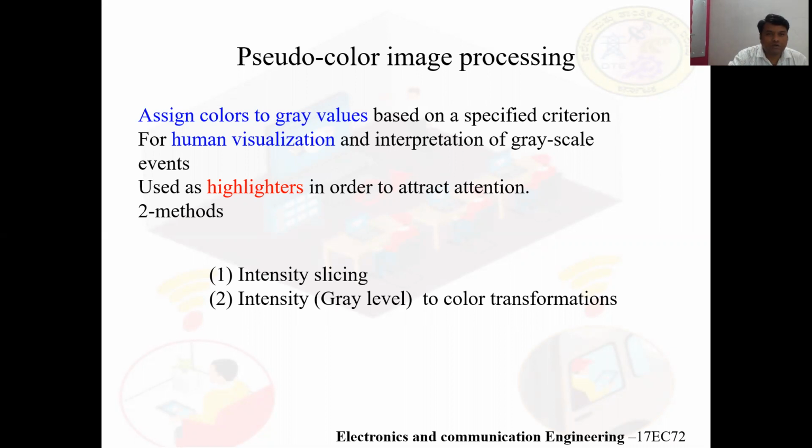The principal use of pseudo color is for human visualization and interpretation of grayscale events in an image or sequence of images. So there are two methods: intensity slicing and intensity gray level to color transformations.